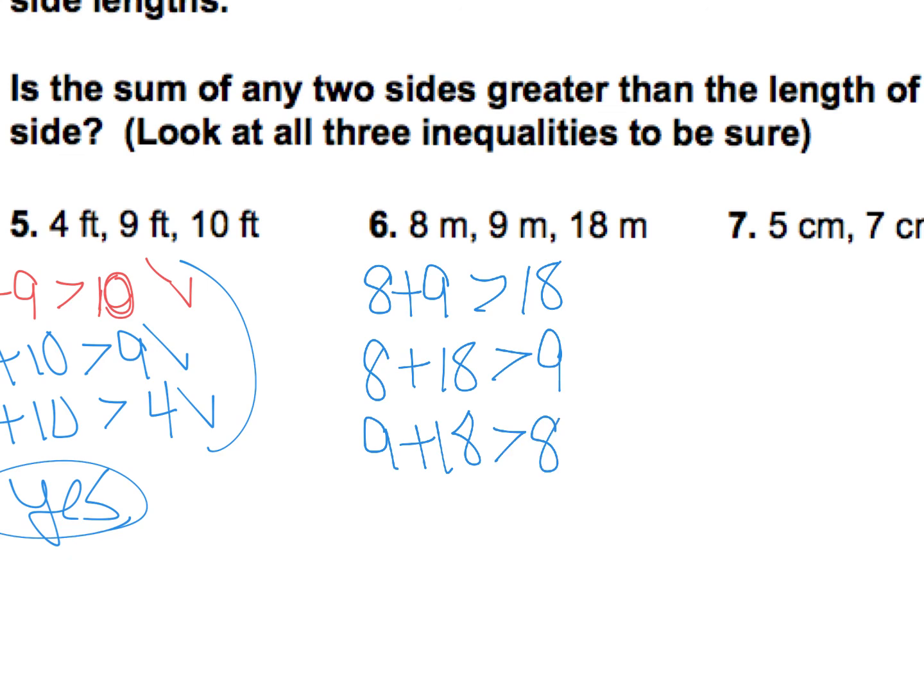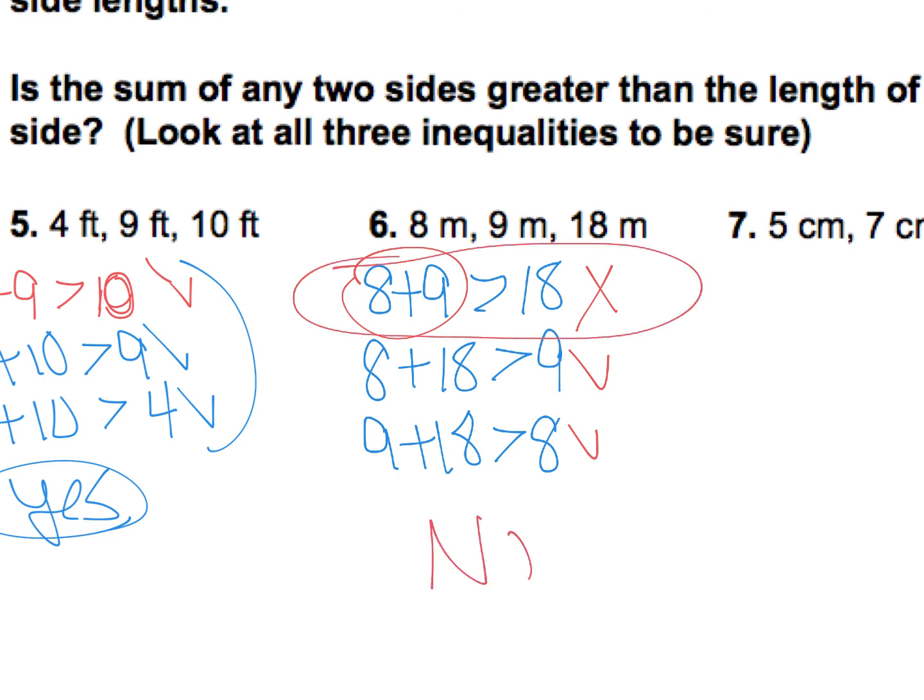Okay, well, let's take a look and see if these statements are true. 8 plus 9 is 17. 17 is not greater than 18. Not true. So really, as soon as you find one of these is not true, that means it cannot make a triangle. Even though these 2 are both true, doesn't matter because this combination right here did not work. So that would be no, it cannot make a triangle.